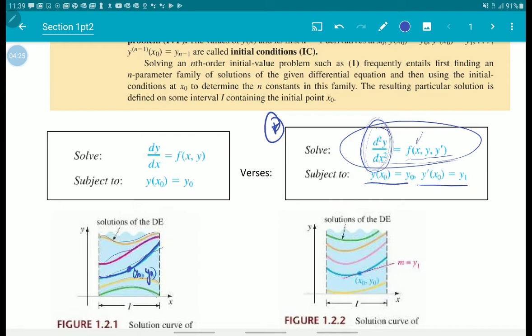It's going to be in terms possibly of x, y, and the first derivative, y prime. So when we integrate, we're going to get this family of curves again. But if we want a particular one, we're going to have two conditions to find that particular one. Notice one of those conditions here is a specific point that is on the function y equals f of x, in terms of x.